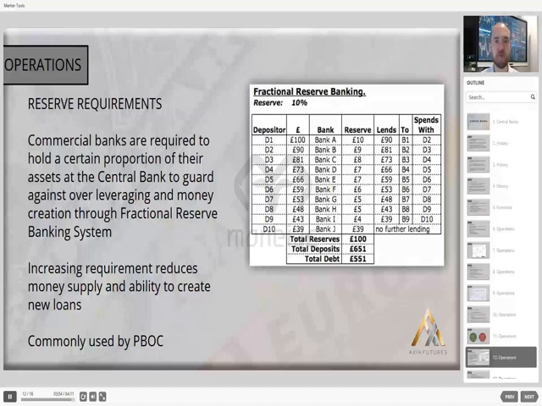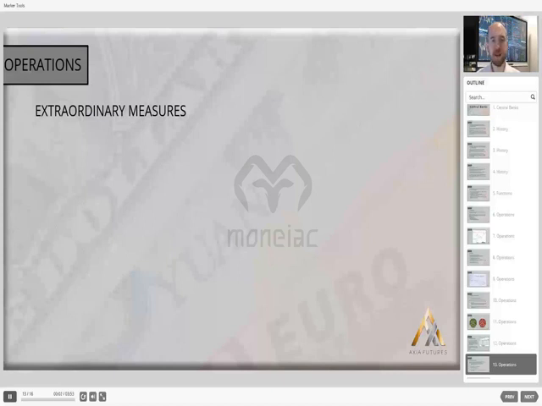What it will do is sell these to commercial banks, take money out of the system, this money again effectively is destroyed or disappears, and therefore you've reduced the amount of liquidity in the system, and that serves then to increase rates of interest because of that limited supply of money. Cost of money therefore starts to rise.